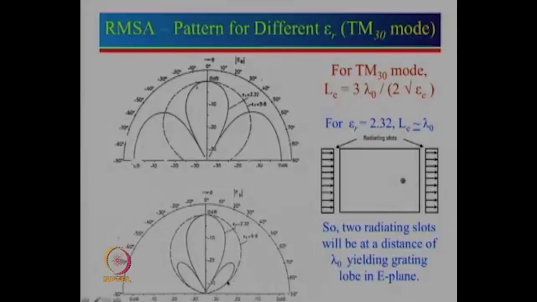So, that is why you do not see the grating lobe, but we do see a side lobe, whereas the pattern for epsilon r 9.8 is similar to that of the earlier case. It is starting from maxima here going to 0. Of course, the beam width of this will be relatively small compared to fundamental mode. The reason for that is because aperture size is again large.